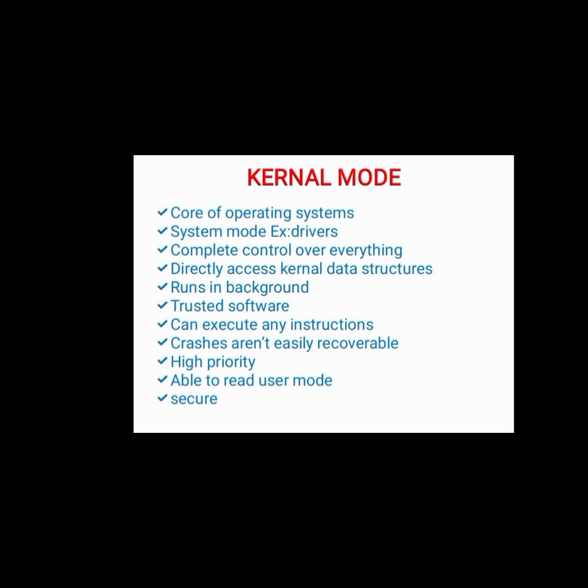It has a very high priority, and we can read user mode also. If crashes occur in kernel mode, they are not easily recoverable. Compared to user mode, kernel mode is very secure.